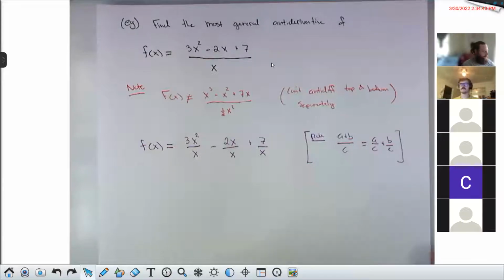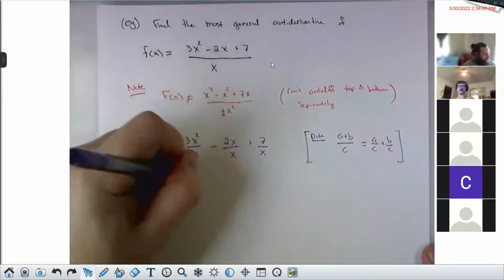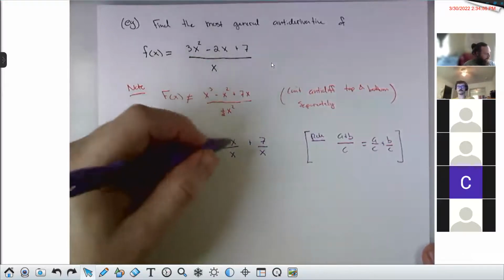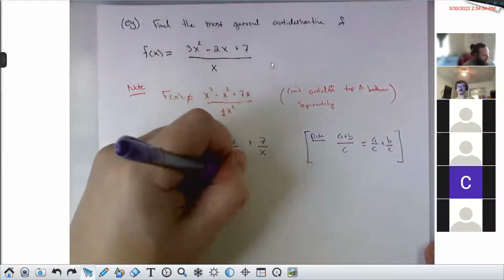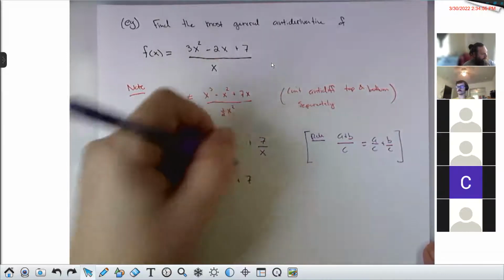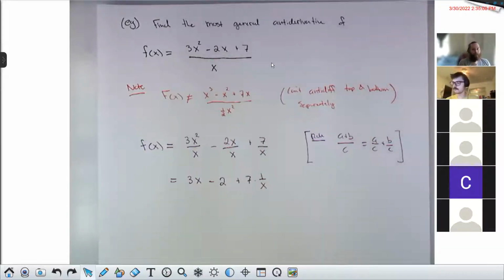Now we simplify. x squared over x is just x, so this is 3x. 2x over x is 2, so this is minus 2, plus 7 over x is 7 times 1 over x. Now I've got straight up powers, constants times powers of x that I can apply my rules to.